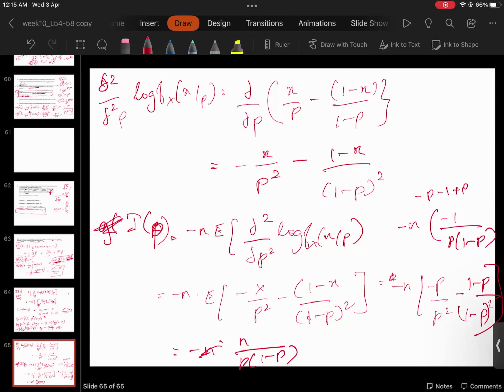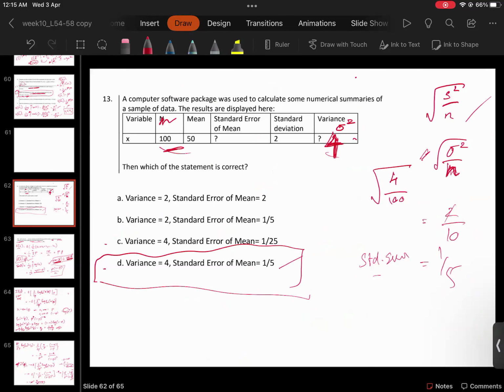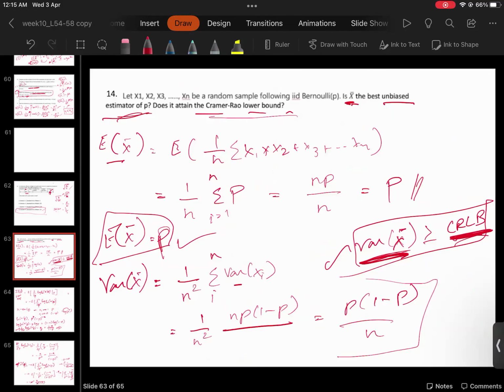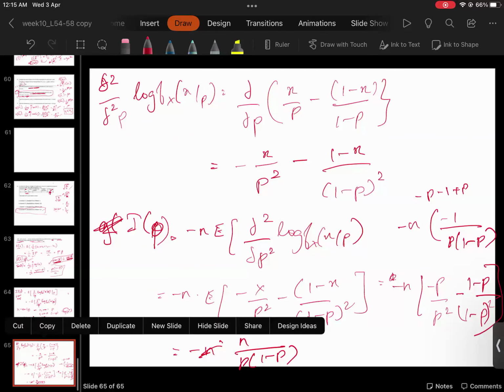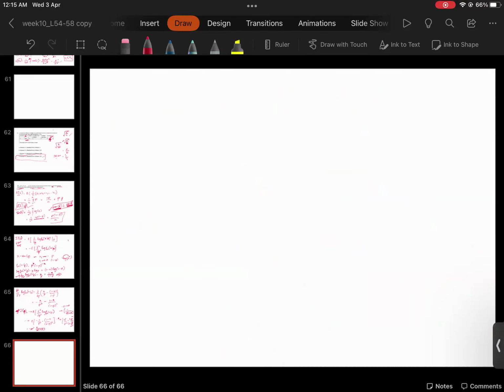So now you can see that, okay, there's one more step. So we calculated the Fisher information n by p into 1 minus p.